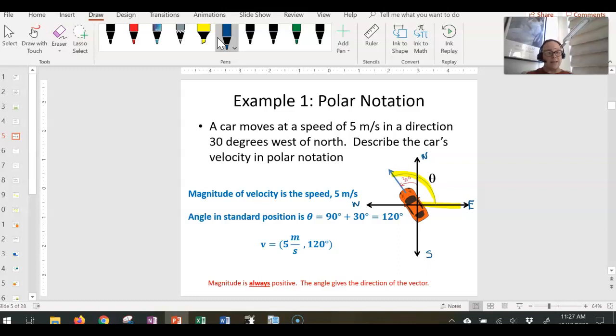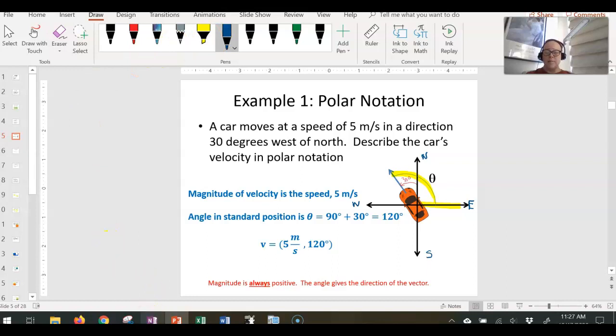That tells us how fast it's going and in what direction it's moving. In polar notation, the magnitude is always positive. There would be no meaning to putting a negative magnitude. Always use the angle to show the direction of the vector.